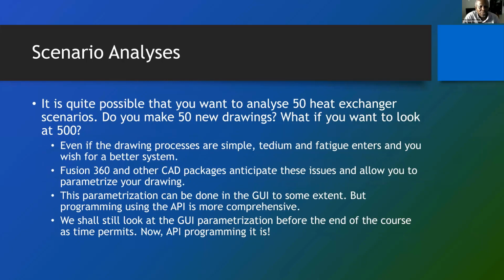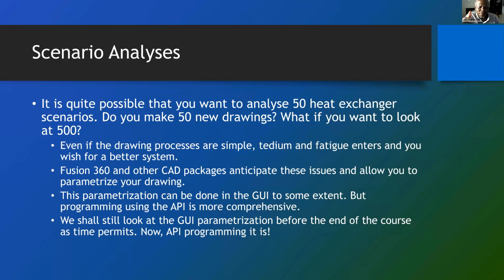It is quite possible that you want to analyze 50 heat exchanger scenarios. You make 50 new drawings, bearing in mind that all that may change from one to the other is just maybe the diameter of the pipe, maybe the thickness of the wall, or maybe the number of fins. Do you do new drawings each time?